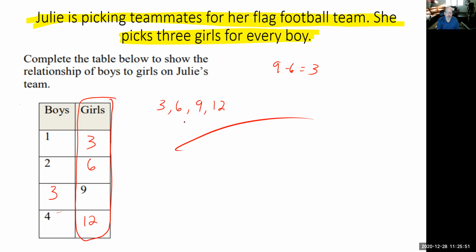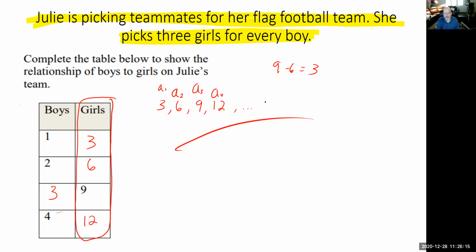Back in linear equations. And instead of writing the whole table, we say the first one is 3. The second one is 6. The third one is 9. The fourth one is 12.